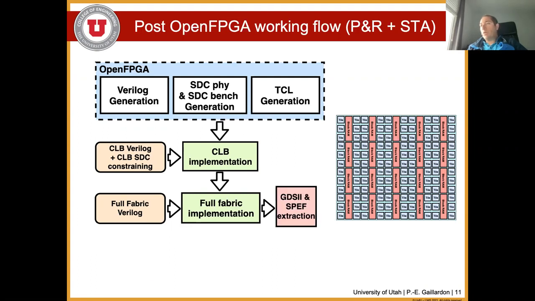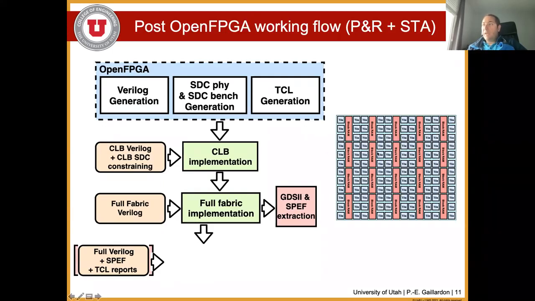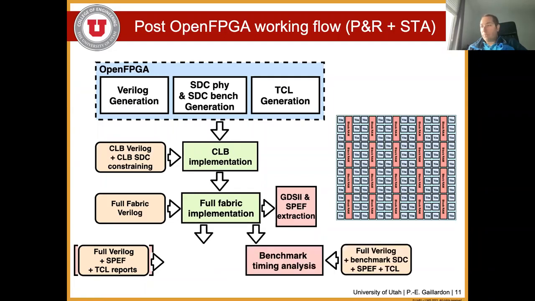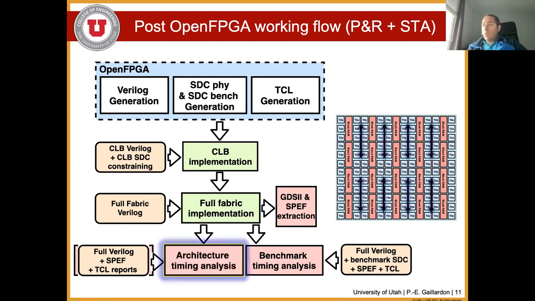The first one is going to exploit the Verilog plus complete SPEF exports from the actual fabrics to evaluate two things. The first thing we do is a benchmark timing analysis and an architecture timing analysis.